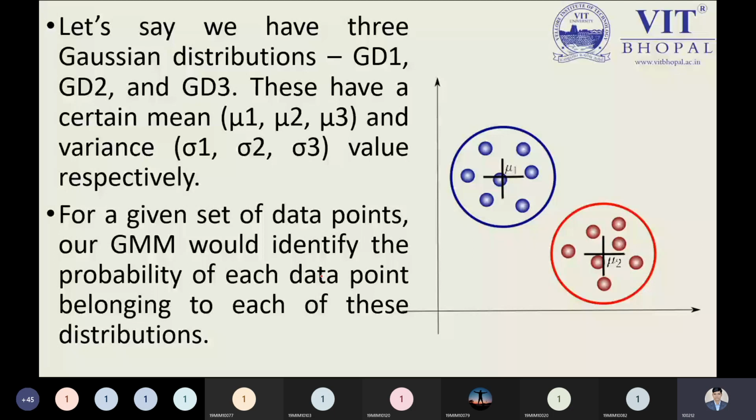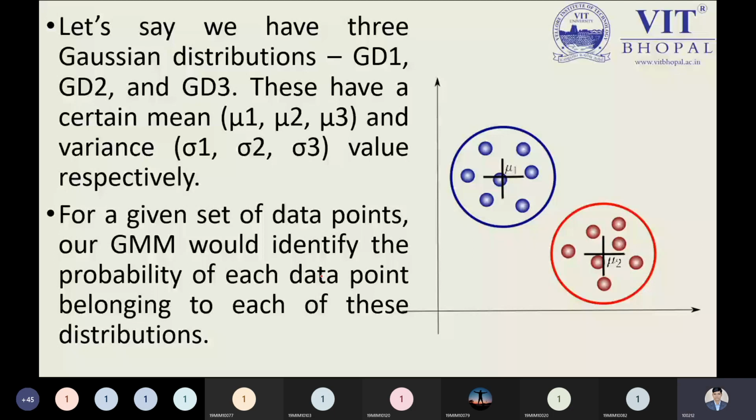So we can plot all these data points by using Gaussian distributions, like we have seen in the previous slides, put by three different color distributions. The distribution looks like a Gaussian distribution. So let us understand these three Gaussian distributions. We have GD1, GD2, GD3, and their means would be mu1, mu2, mu3.